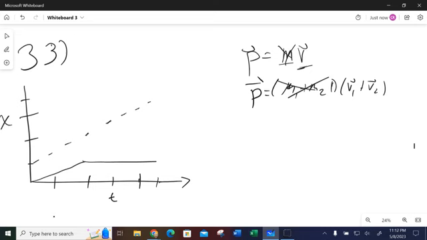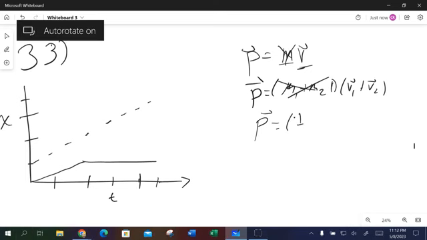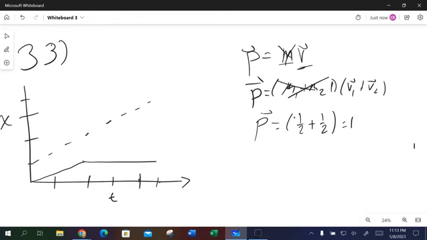So at 2 seconds, we have velocity. We can just use our slope. So we can find the slope here. It's just 1/2 for the first one. So momentum before is equal to 1/2 plus 1/2, which is equal to 1.